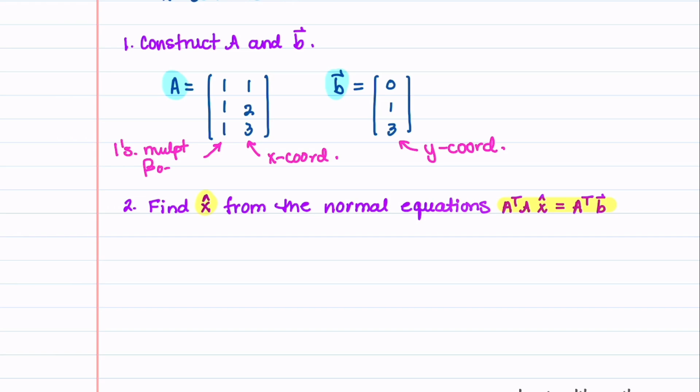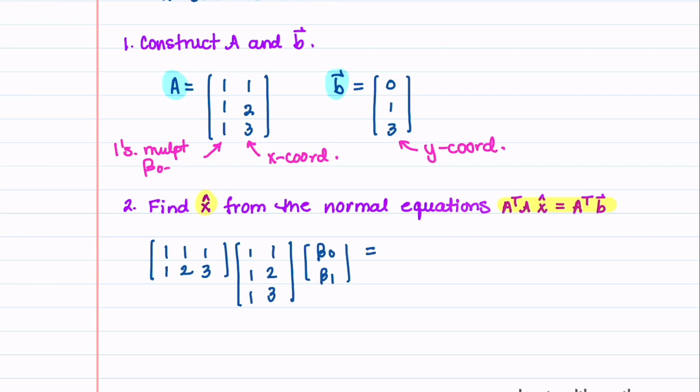Let's start by setting up these matrices. Our A transpose matrix is going to look like this. The first row becomes the first column. And then we have our matrix A. That multiplies x hat, and our x hat is equal to beta 0, beta 1.